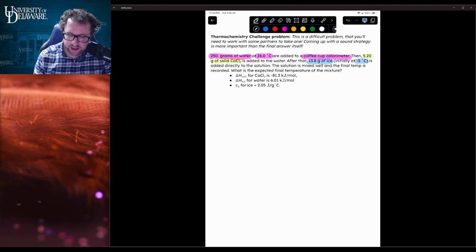So if we visually think about what happens here, we have our cup, right? Our coffee cup calorimeter that has water in it. I guess we can shade this, right? Inside that water. Well, I made it pink in the thing, right? We're going to have pink water.